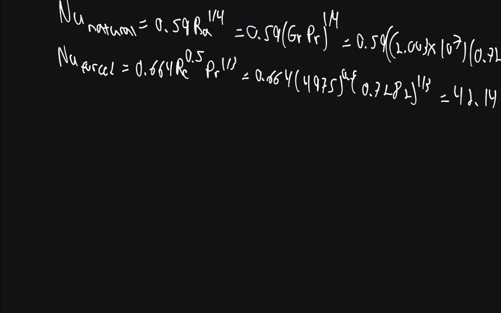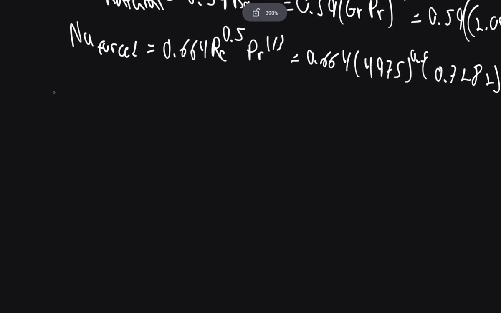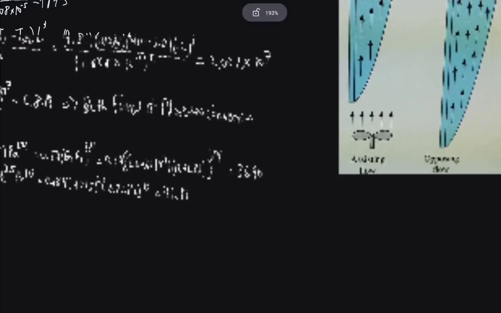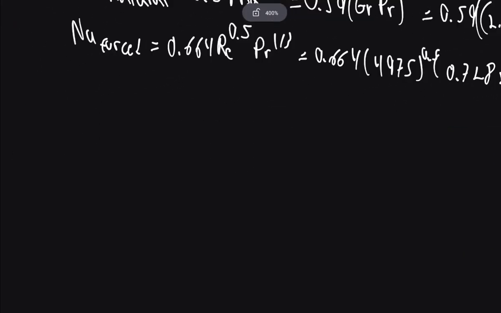But that's not what the question was asking. We want to figure out the Nusselt number for each case, assisting flow and opposing flow. Let's start with assisting because it's first. Assisting flow.